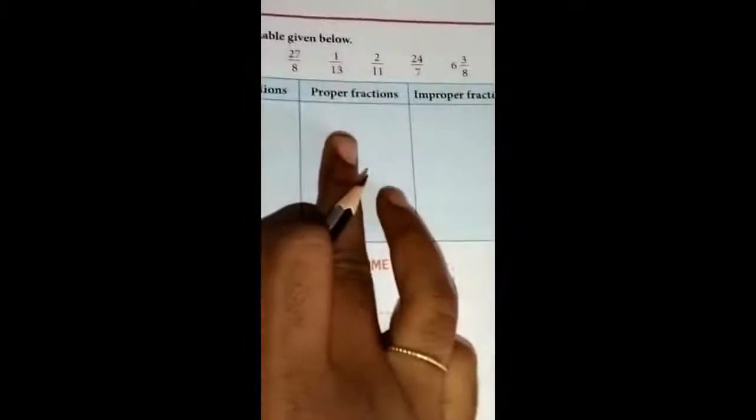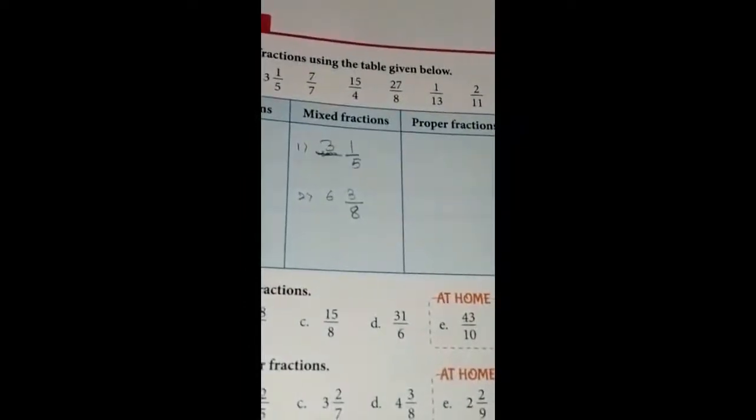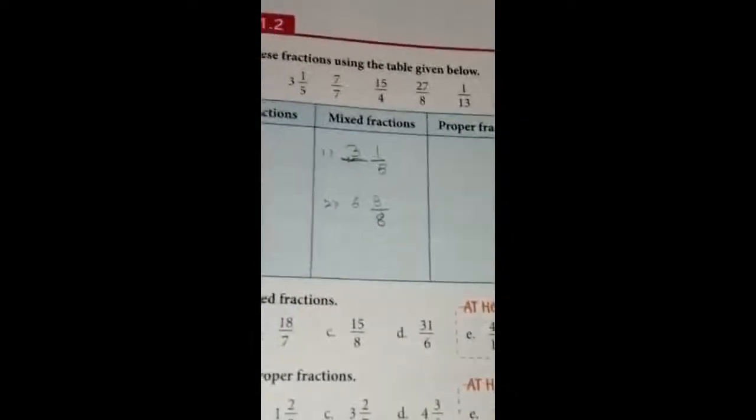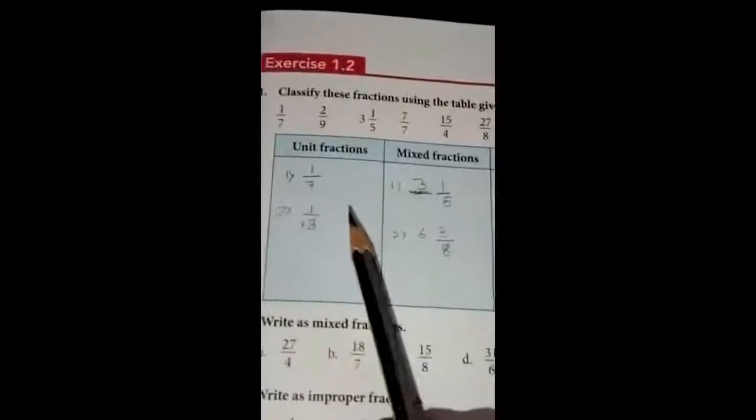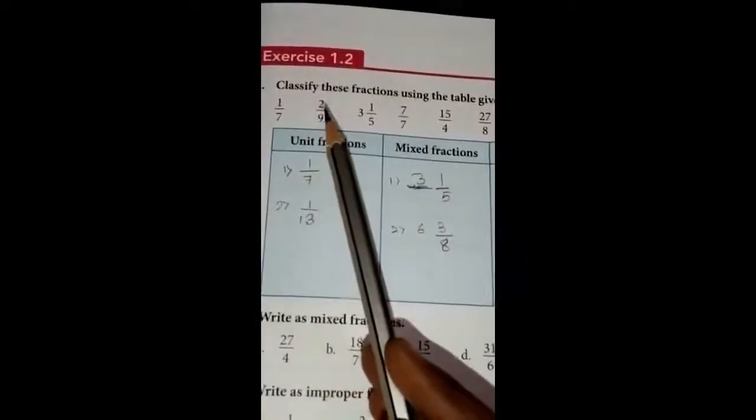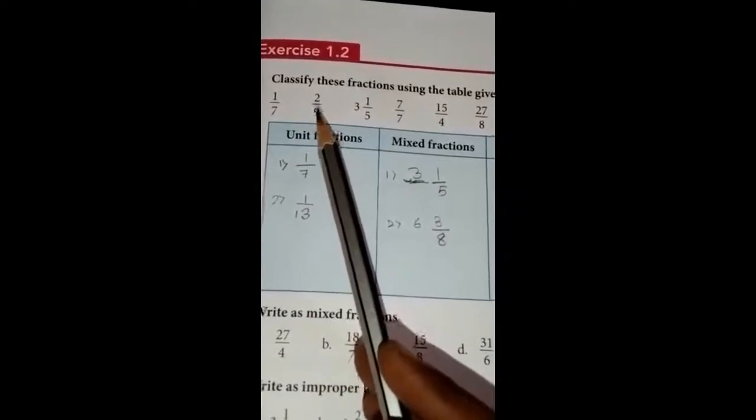Next is proper fraction. Proper fraction means numerator of the fraction is less than denominator. So students, you can see here numerator is less than denominator and it is a proper fraction.